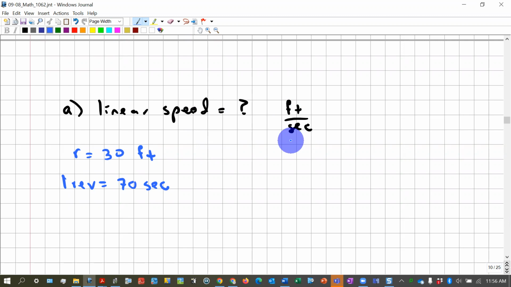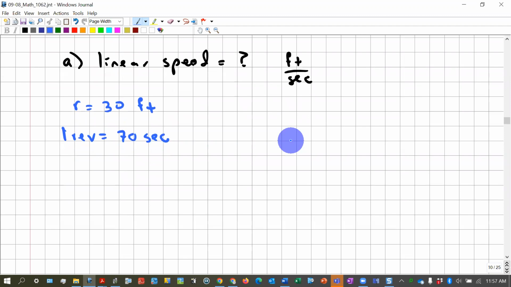If they are asking for a distance, you need to start with a distance. If they are asking for an angle, you need to start with an angle. Okay? So they're asking for a speed. We need to start with some sort of speed. But the only speed they gave us was that 1 revolution is the same thing as 70 seconds.